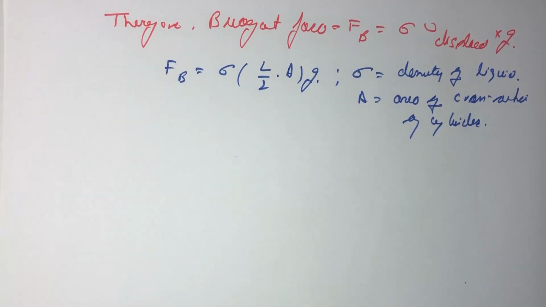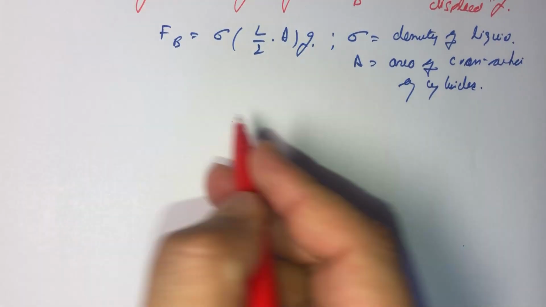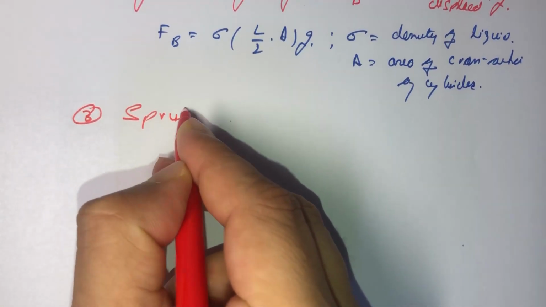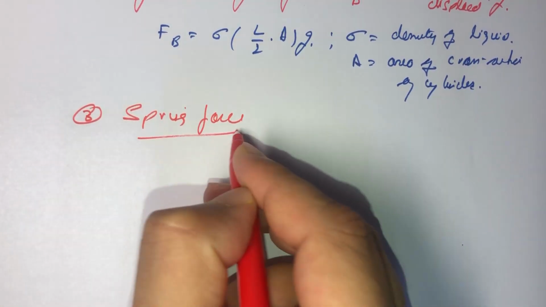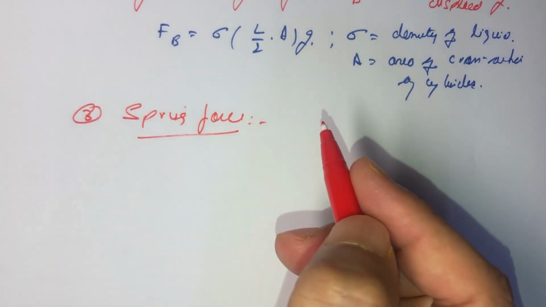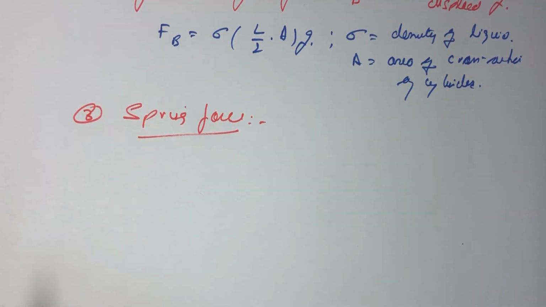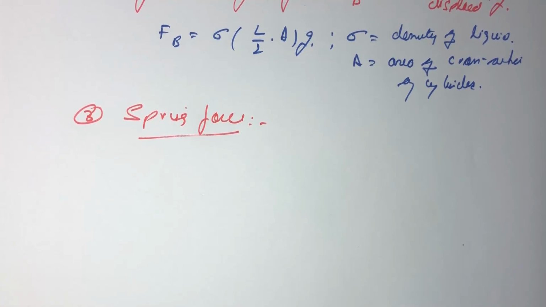And the third force is the spring force. And it is said that the cylinder is in equilibrium. So as the cylinder is in equilibrium, we can clearly make a statement that the net force acting on the cylinder will be equal to 0.